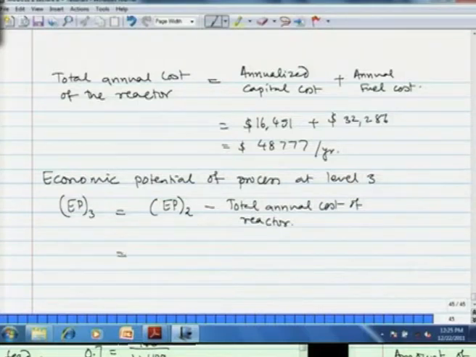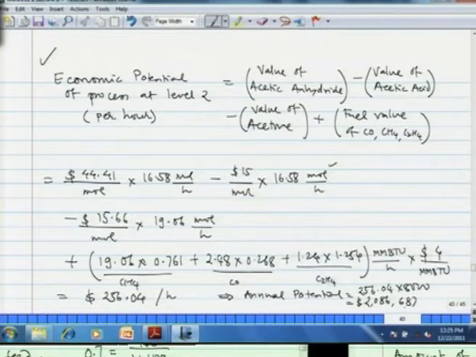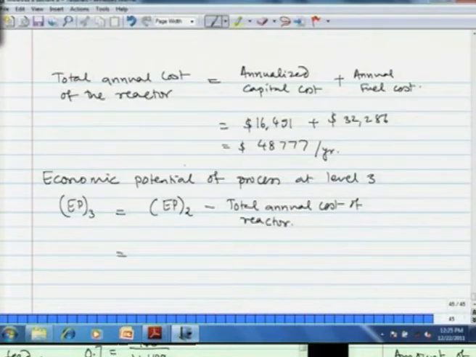The EP2, economic potential at level 2, we had already seen here as $286,687, and now we have to simply deduct the annualized cost of the process.